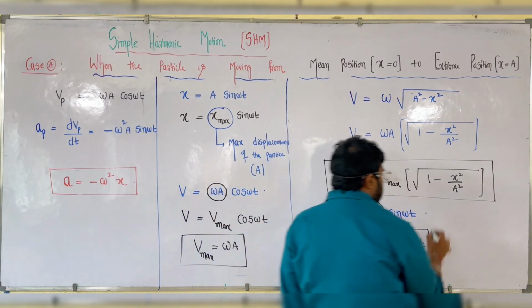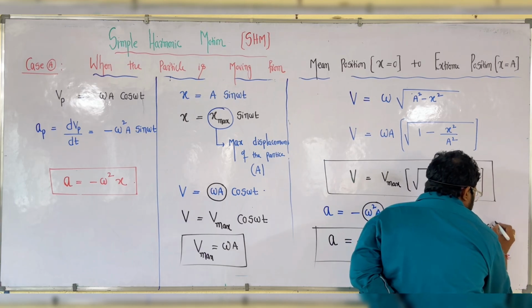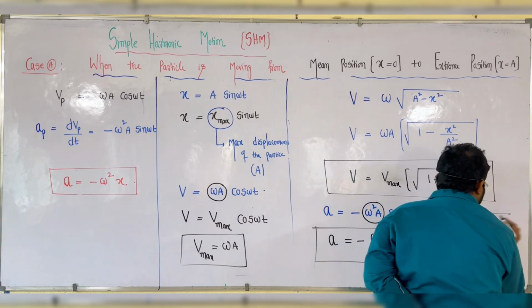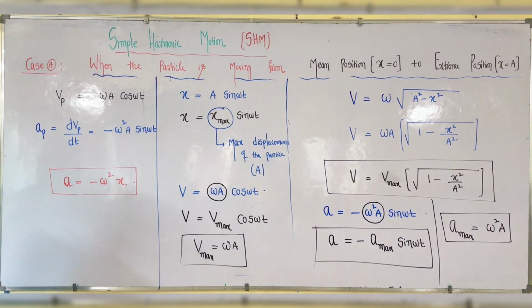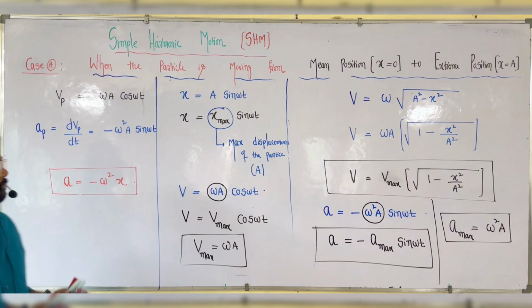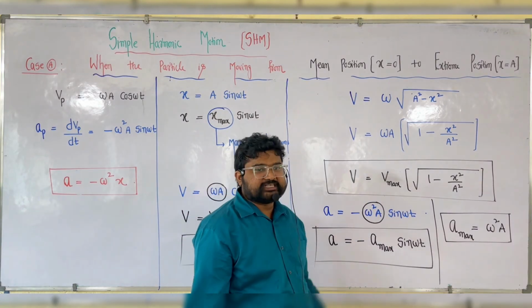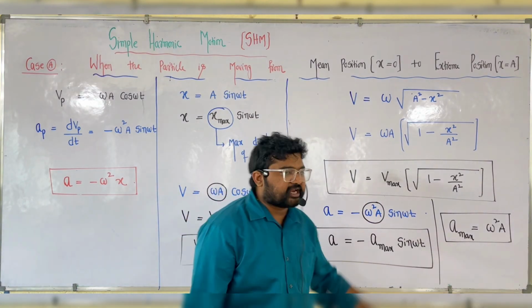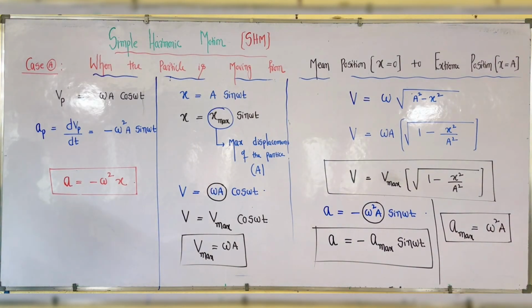What is the maximum acceleration of the particle? Omega square a. So when the particle is in simple harmonic motion, maximum displacement is capital A, maximum velocity is omega a, and maximum acceleration is omega square a. Clear or not? This part completed.